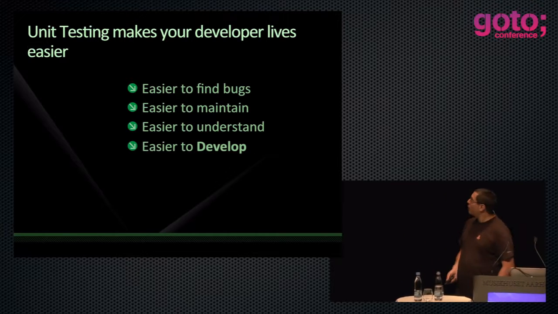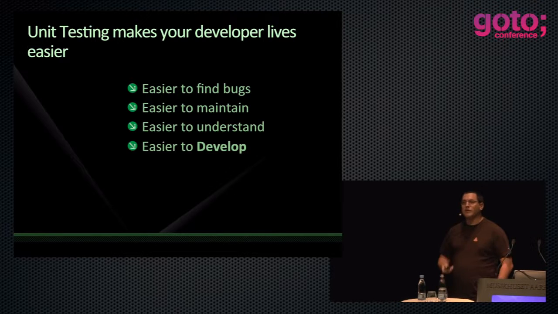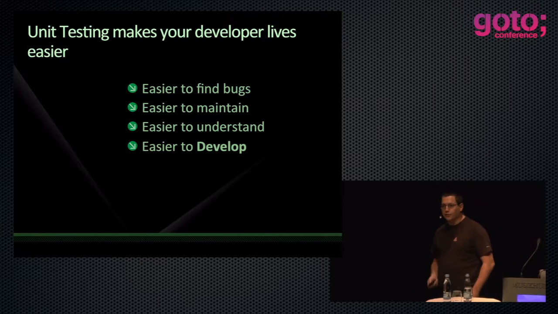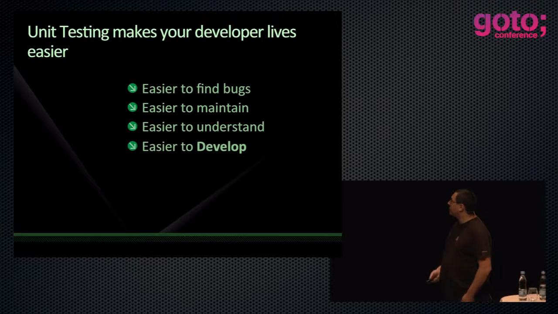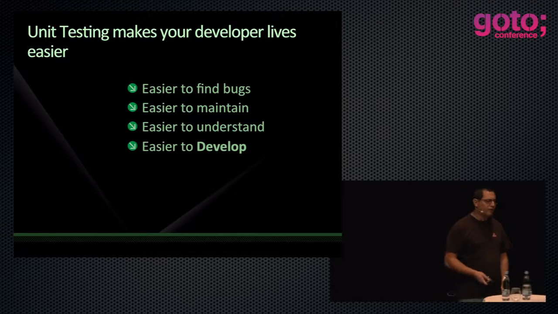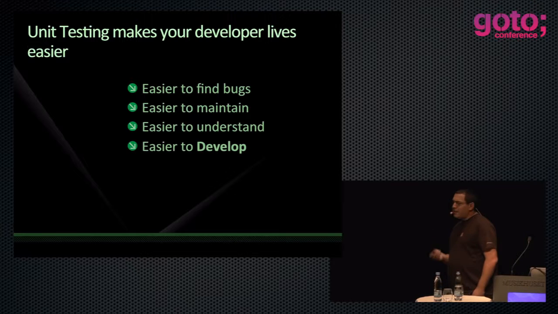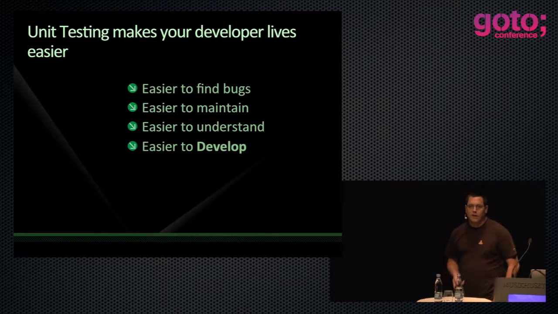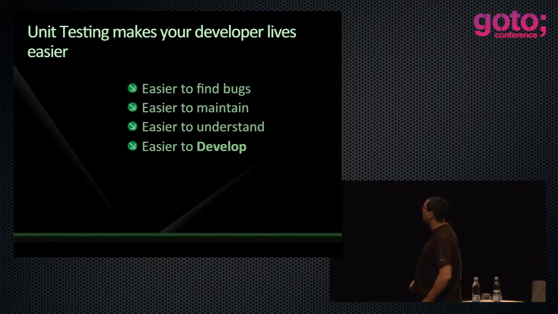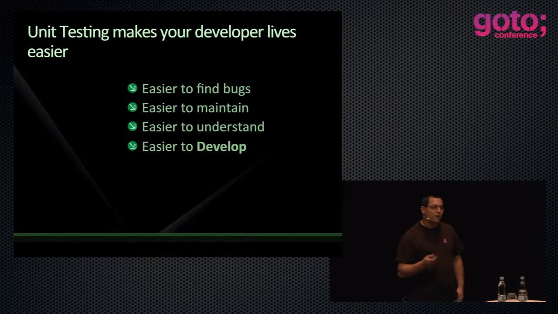But in most projects, it's actually not easier to find bugs unless you pay close attention to what is going on in the code and the tests. And we'll see how to fix that. Another thing that everyone says is that it's easier to maintain your code when you have something like 1,000 or 4,000 unit tests. And again, that's absolutely not true.